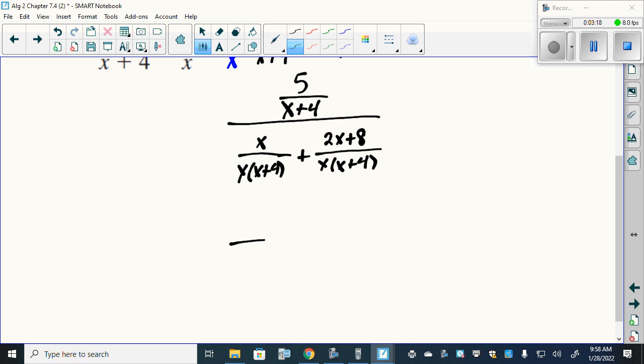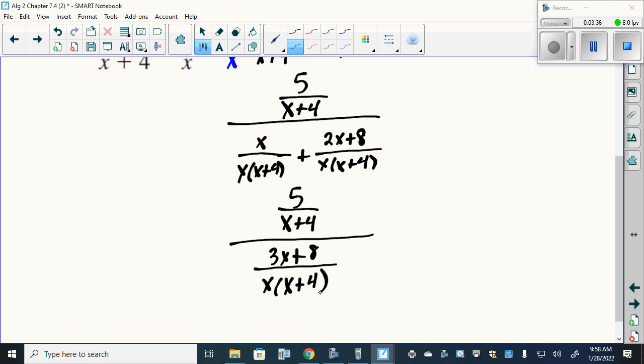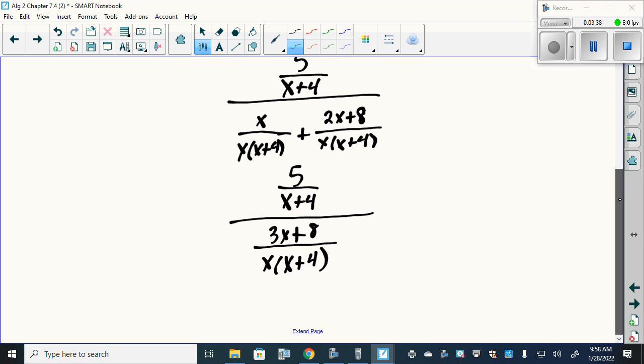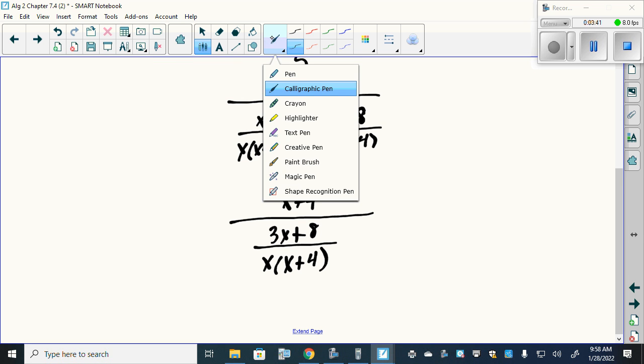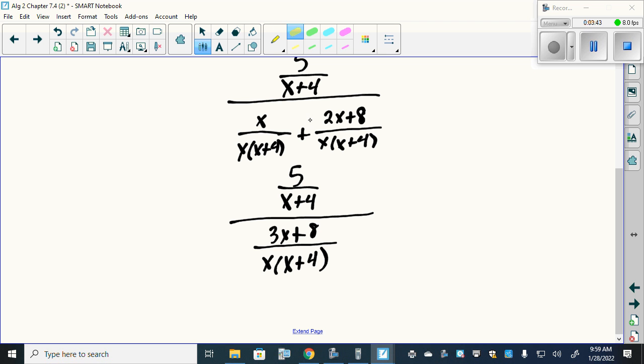Now, since the denominators are the exact same, we can add the numerators, which would give us x plus 2x is 3x plus 8 over x times x plus 4. So, doing that and getting the denominator to be one fraction, I now have a fraction being divided by a fraction.